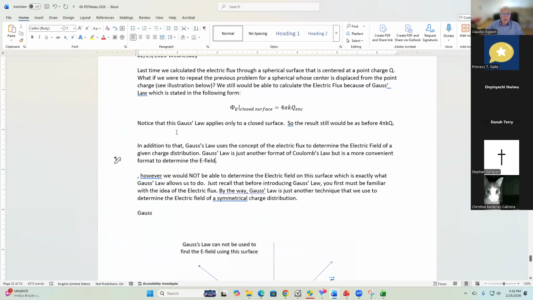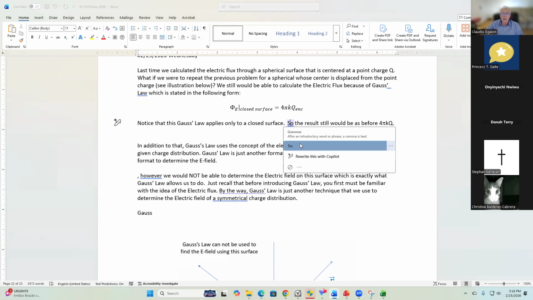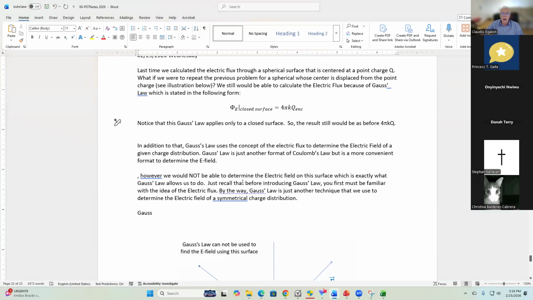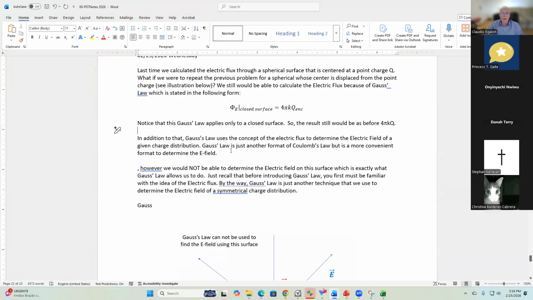Notice that Gauss's law applies only to a closed surface, so the result still would be as before. In addition to that, Gauss's law uses the concept of the electric flux to determine the electric field of a given charge distribution. So Gauss's law is just another format of Coulomb's law, but it's a more convenient format.